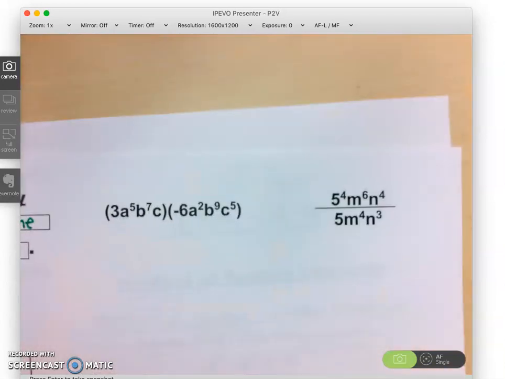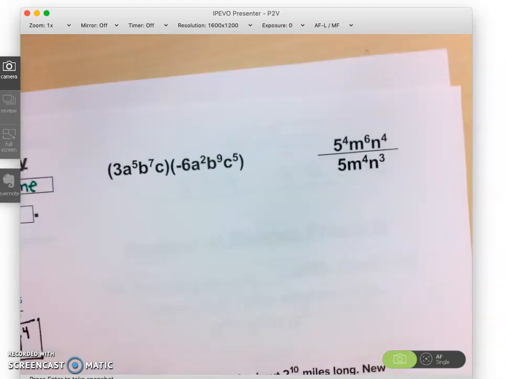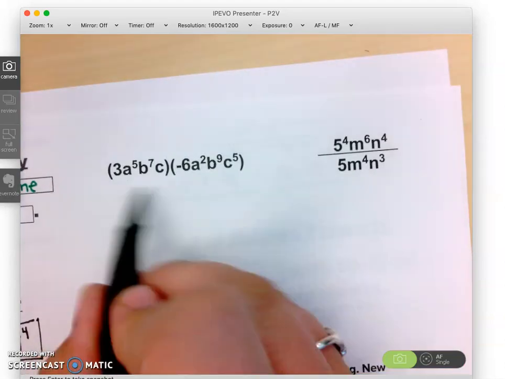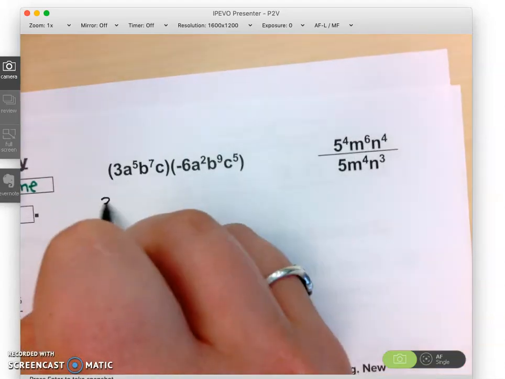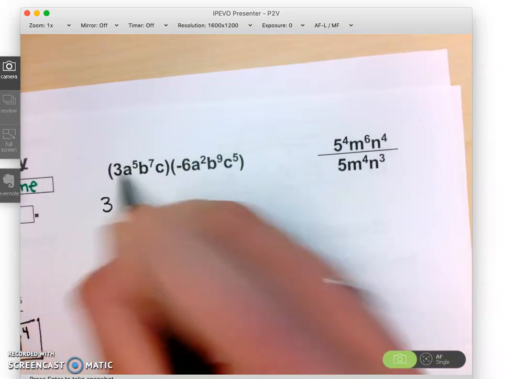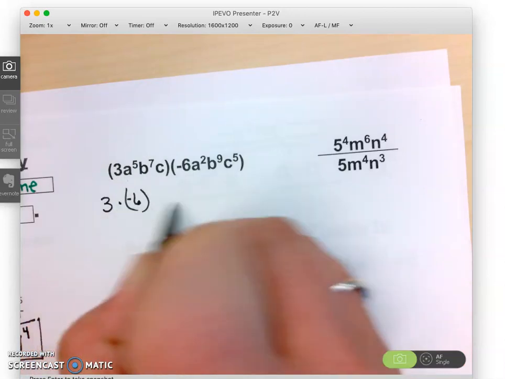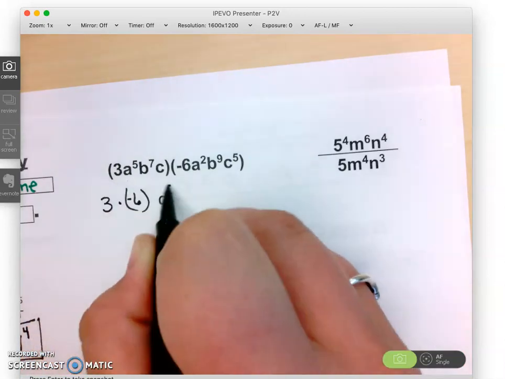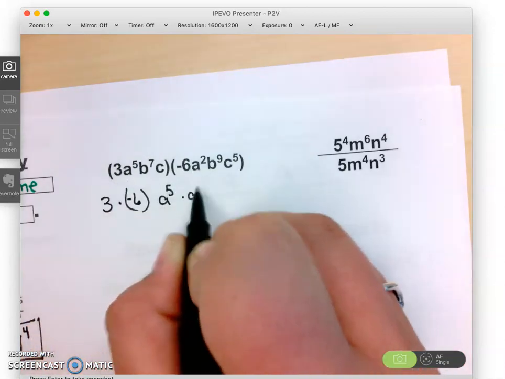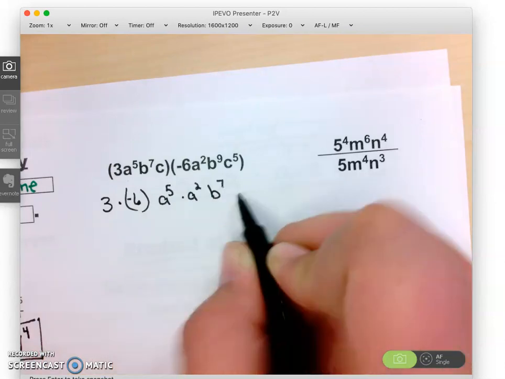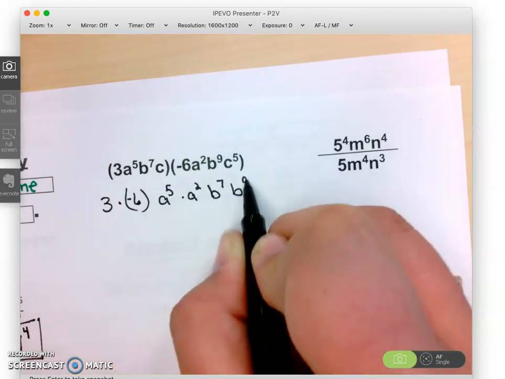Okay, here, I have numbers and letters, so I'm going to group them together. So a 3, because it's all multiplying, -6. Then I'm going to do the A's, and then the B's, and then the C's.